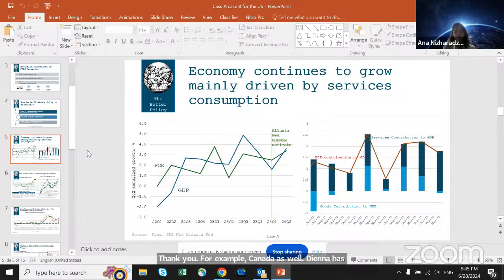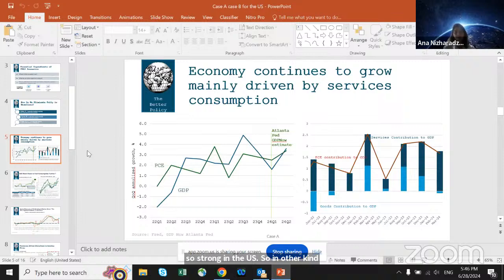So this service consumption remains elevated and higher than the target. Meaning that after pandemic related restrictions, maybe people have this accumulated savings and follow this sort of revenge spending. So that's why we may see this service consumption being so strong in the US, and in other countries as well.